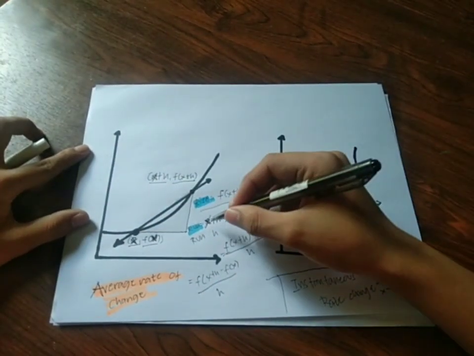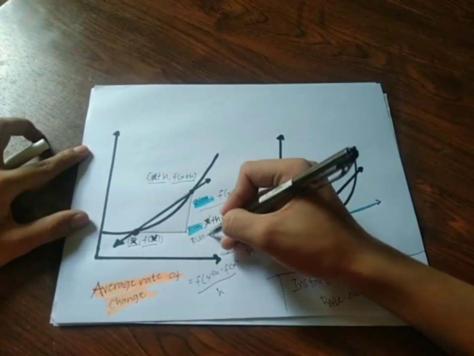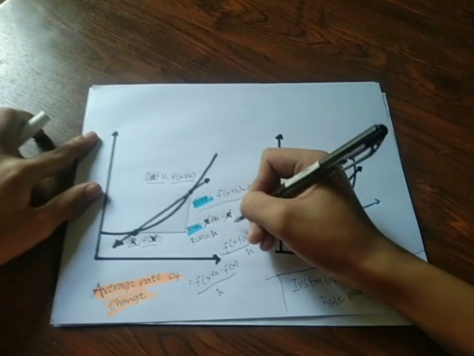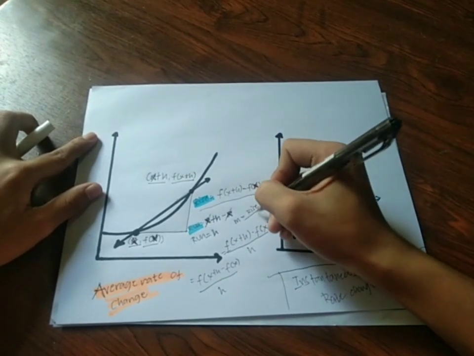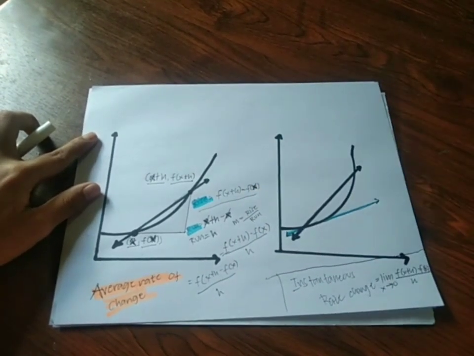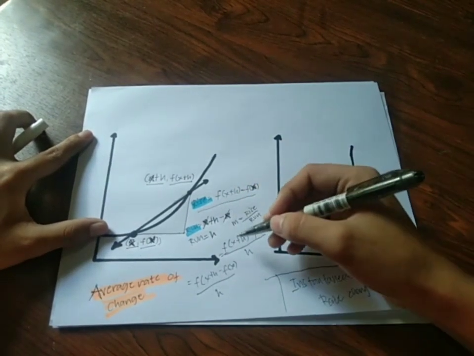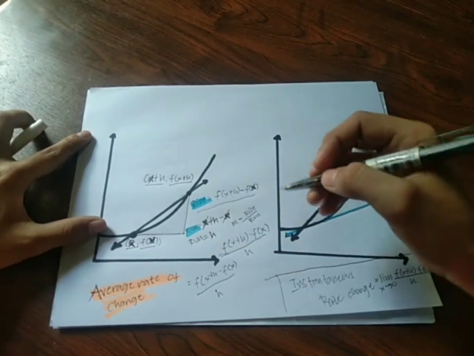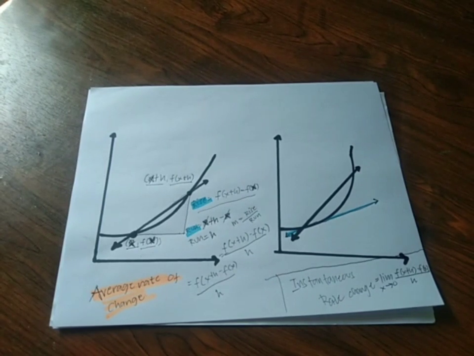So x minus x is 0, so what remains is h. So slope is rise over run: f of x plus h minus f of x, divided by h. So that is for the average rate of change.